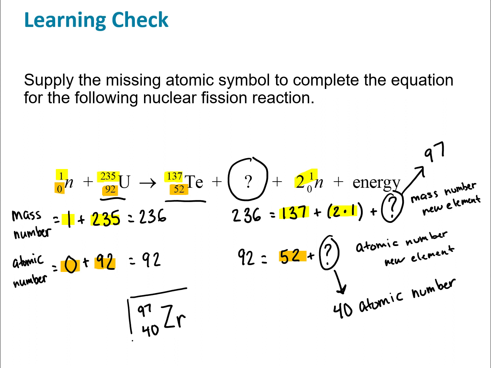So that's what the identity of the other element is. So this question type is really a bombardment, right? Or transmutation. And we did one of those earlier.